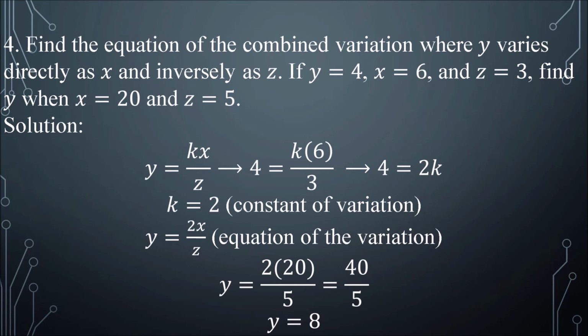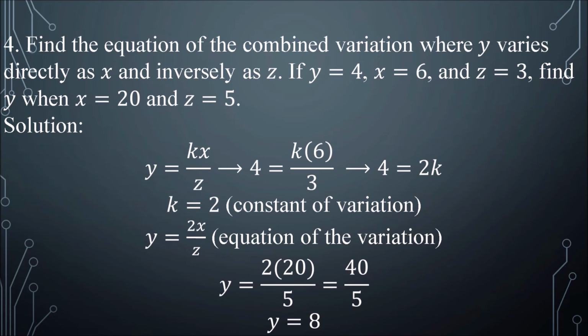Now, we substitute 2 to k in our formula. As a result, you have y is equal to 2x over z. And that will be your equation of the variation. Now, this will be used to solve the problem. Find y when x is equal to 20 and z is equal to 5.